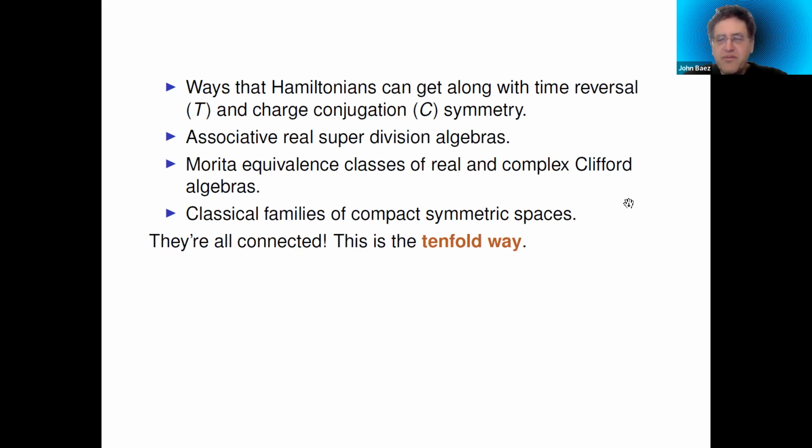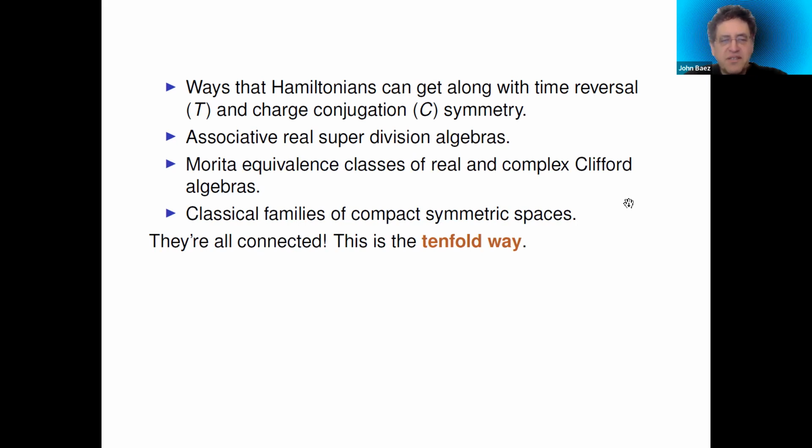This is actually how physicists came up with the tenfold way in the 2000s. Somehow it's supposed to make me think of types of matter. There were condensed matter physicists doing this, studying particular kinds of Hamiltonians that would tend to show up in condensed matter physics.